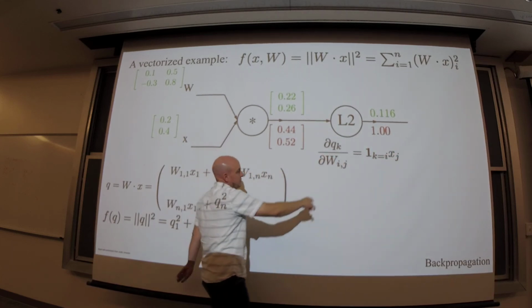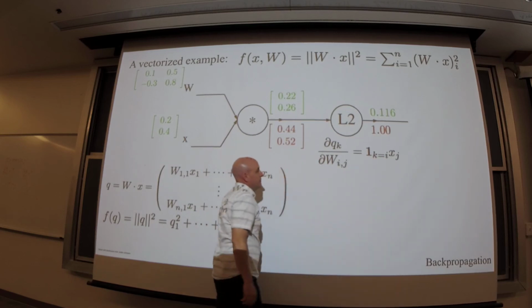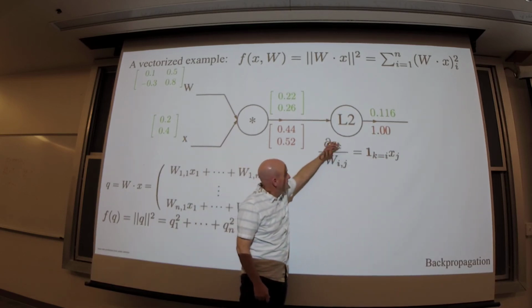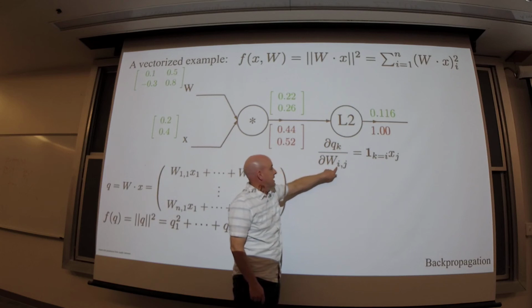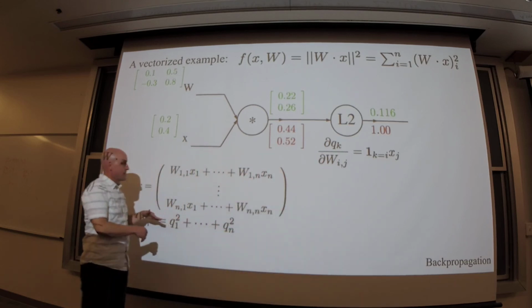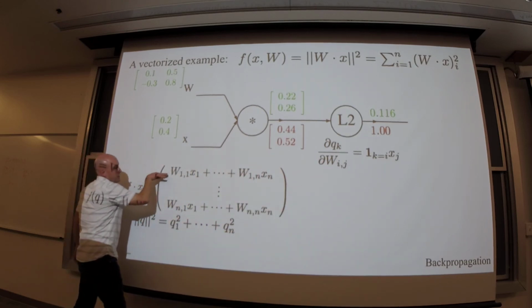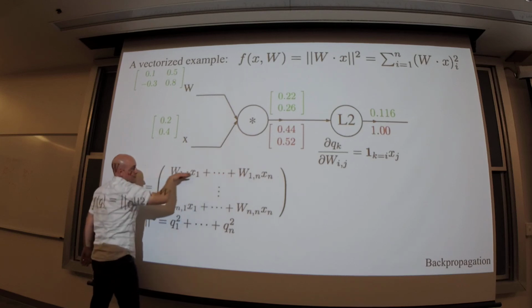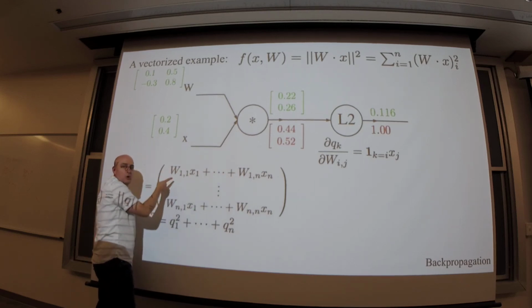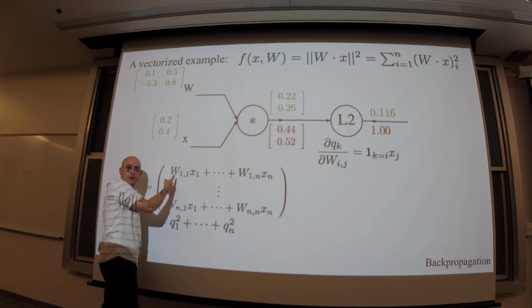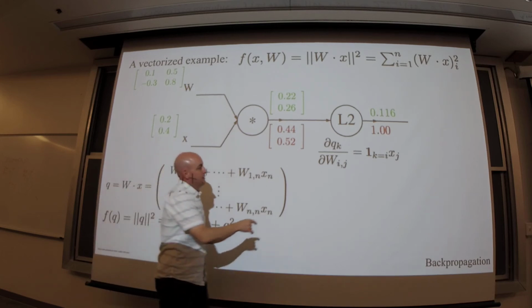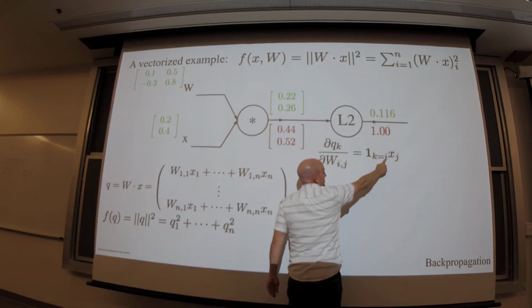And the reason for this thing right here is if I take the partial, when k is equal to 1 but let's say that i is equal to 2, right? So this is Q1, and there's no W2 in this. So k is equal to 1, i is equal to 2.